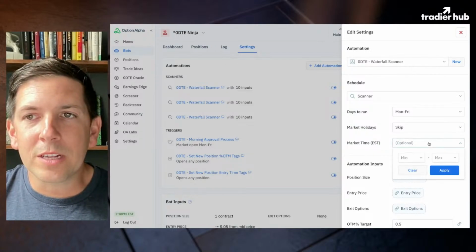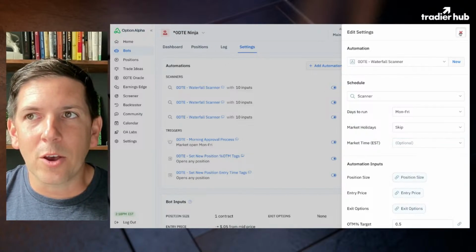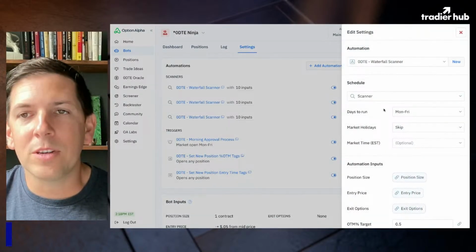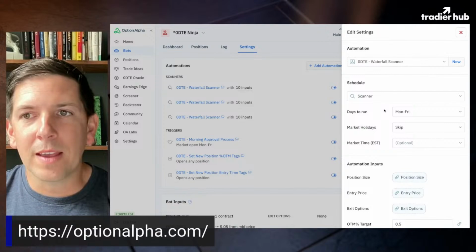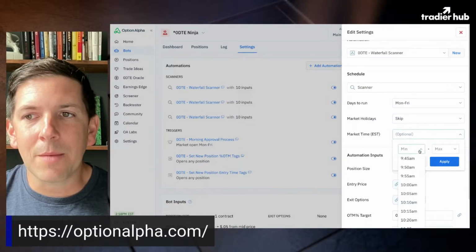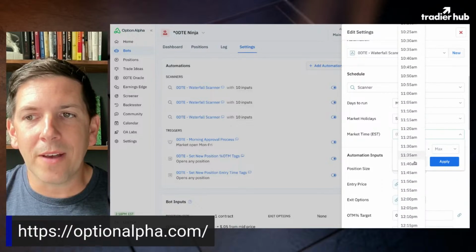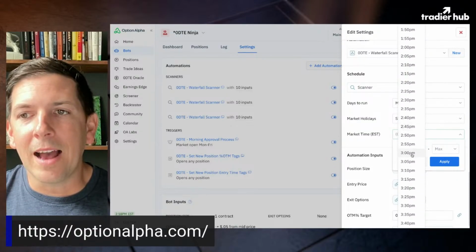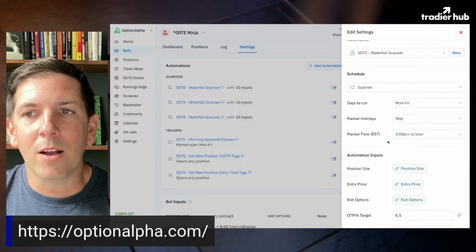But in the scanner settings, if I go into any scanner automation where I'm scanning for market opportunities, telling the bot to go through things, I can go over here to market time and set my scanner to run at predefined times. So I can say, all right, this scanner is not even allowed to run until 3 o'clock or later.